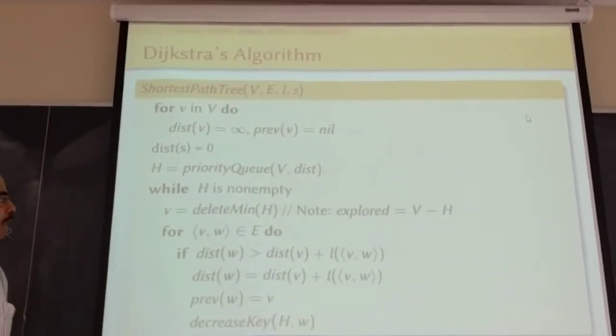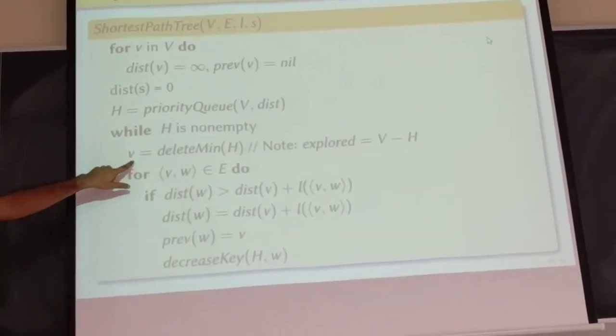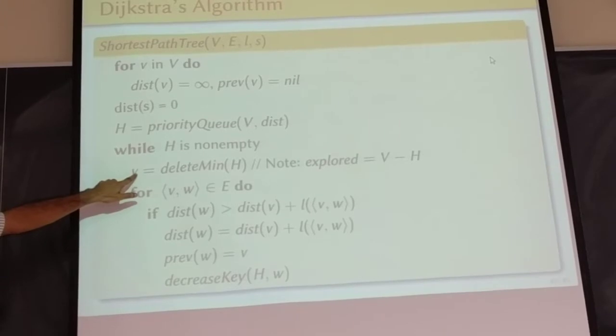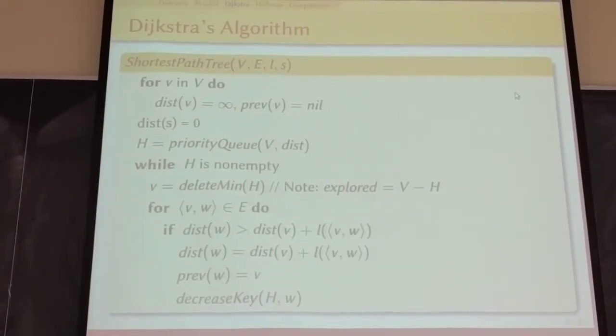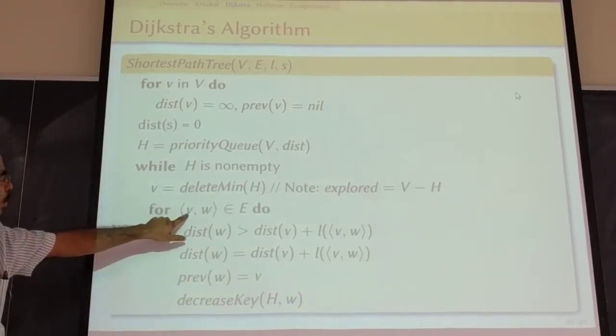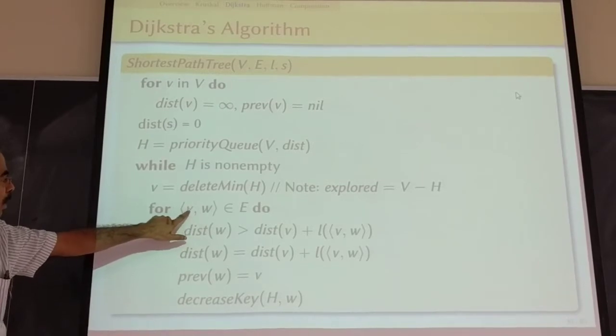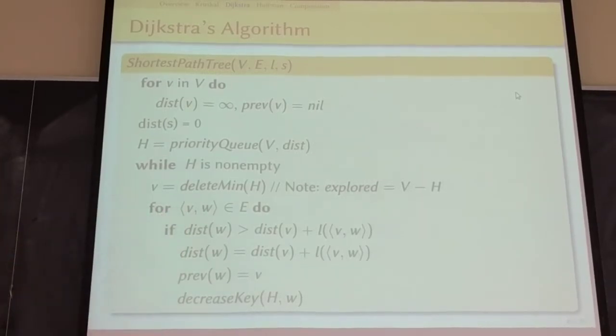And so what we are doing here is taking the minimum and saying now that that is the next lowest, okay? And we are going to move that inside the explored set, okay? And then we are going to go through the edges incident on V, and then we are going to update the distance, right?